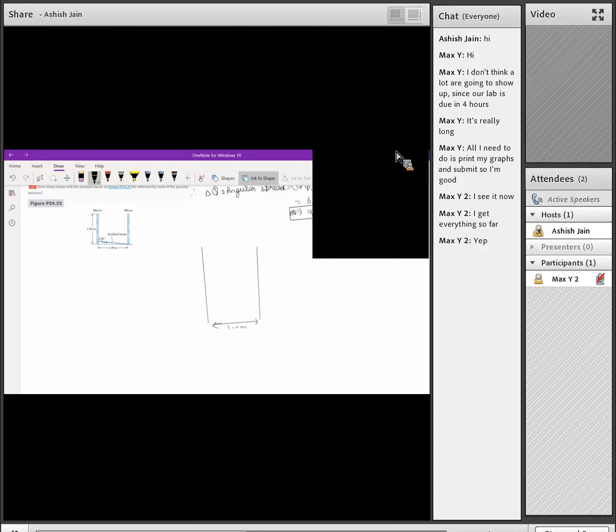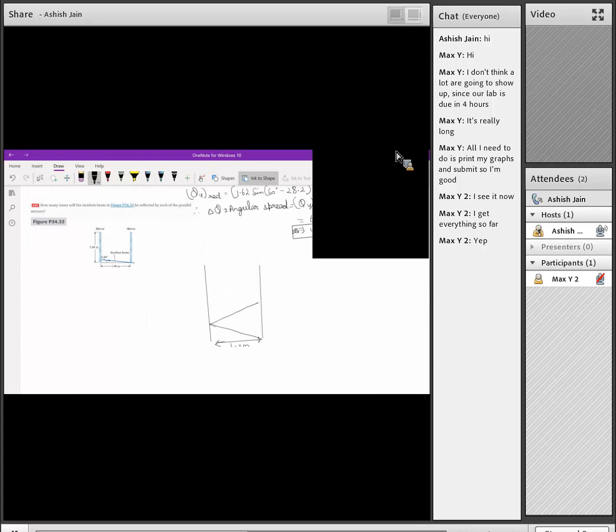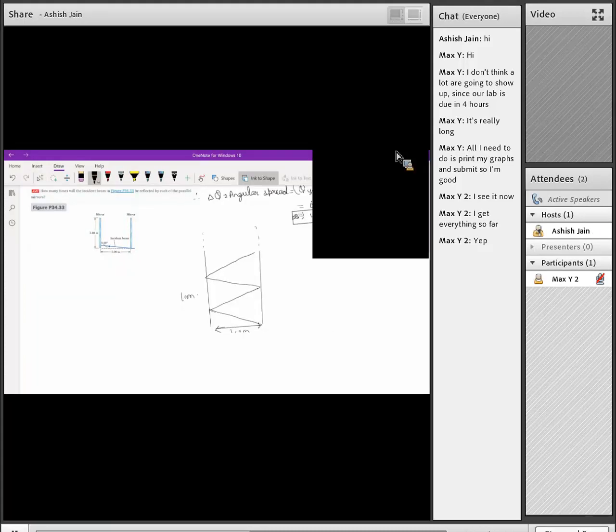So we have to find how many times the incident beam will be reflected, that is, how many times it will be reflected in 1 meter before escaping. So how do you do it?